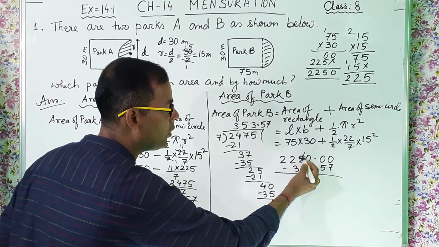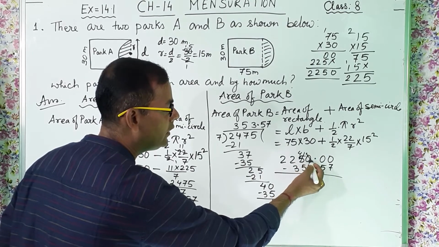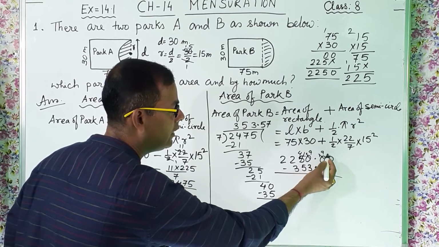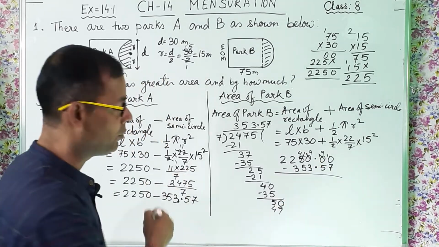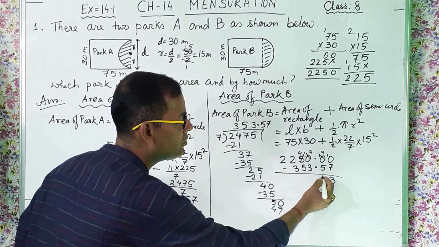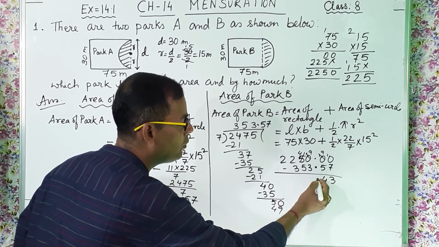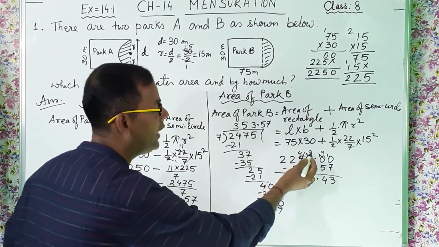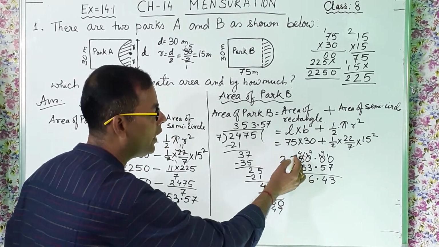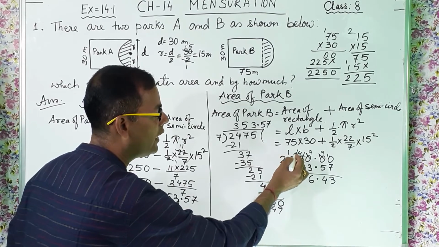So, you can borrow from here, cut it 4, 10, you can cut 9, again 10, you can cut 9 and it becomes 10. Now, you can subtract. So, 10 minus 7, 3, 9 minus 5, 4, point will come here. Now, 9 minus 3, 6. Now, you cannot, okay. So, again you have to cut, make it 1 and here 14.